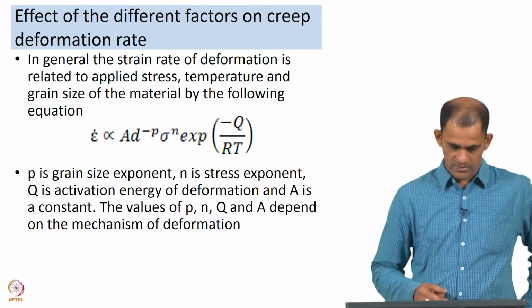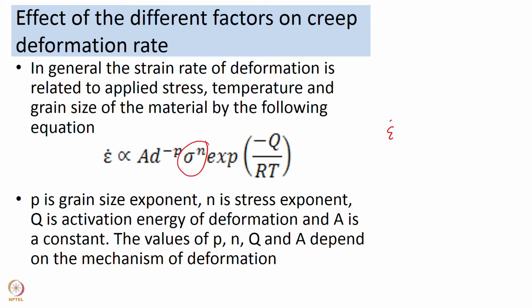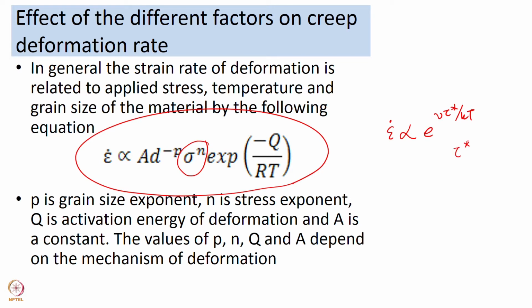Of course, one point to note here is the sigma to the power n dependence. If you remember, in the previous slide I was talking about epsilon dot being proportional to some function like that, but by and large what people have noticed is that this is the kind of relation that works, and depending on how it is related to the applied stress and some other factors, the final equation that people have by and large noticed is of this form.